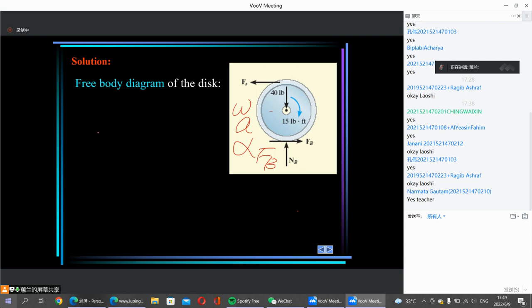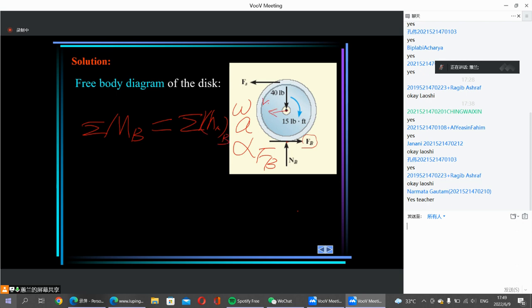When you write down the moment equation, you can choose point B, because when you calculate the moment about point B, the friction force will have no moment at point B. Sigma M_B equals sigma M_kB, right?